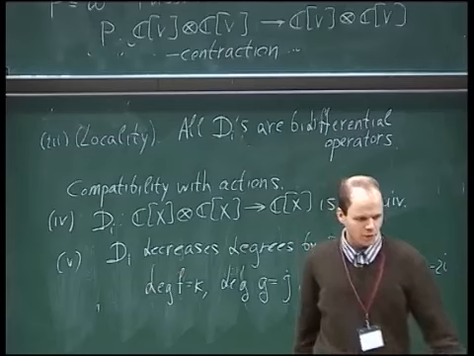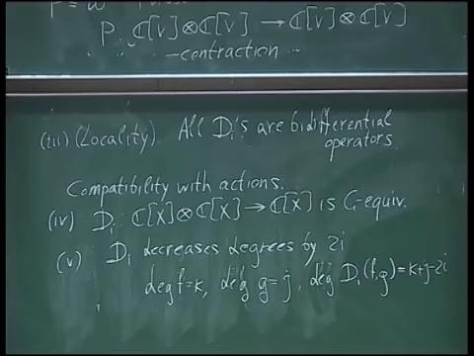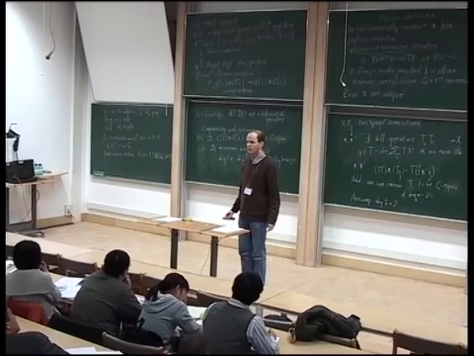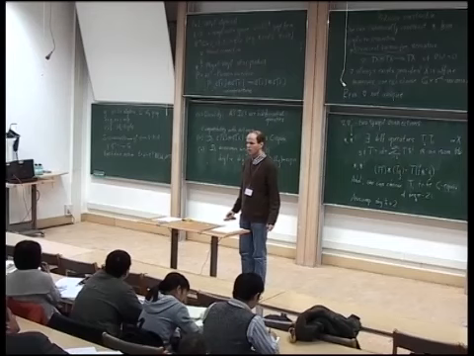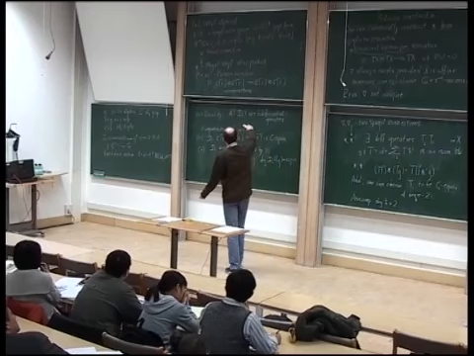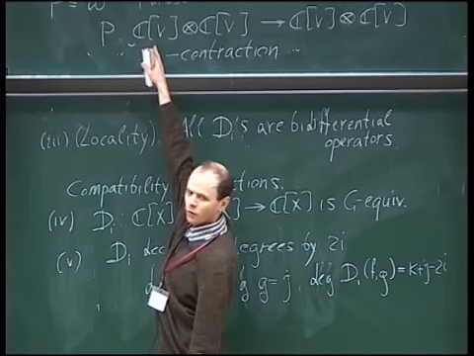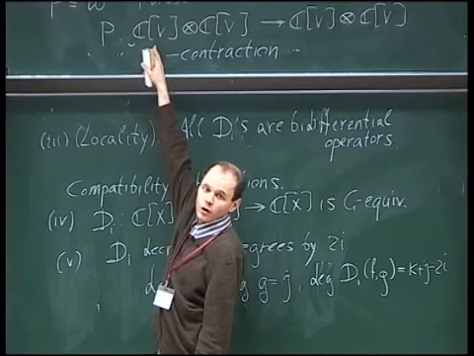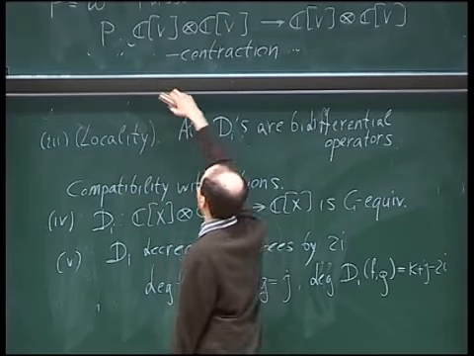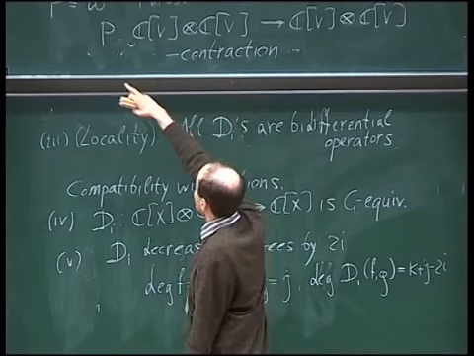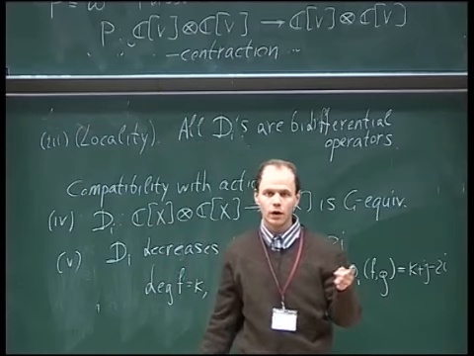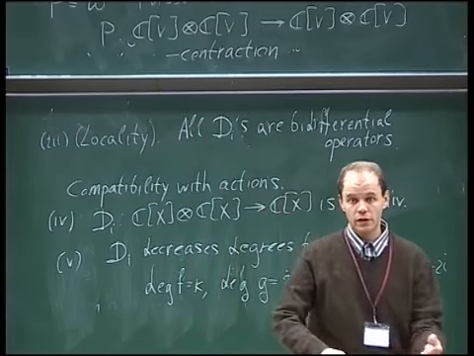But why are there two functions in the image? Well, here I consider this as the symmetric algebra of V dual, and then P is an element of the square of V, and then I contract.